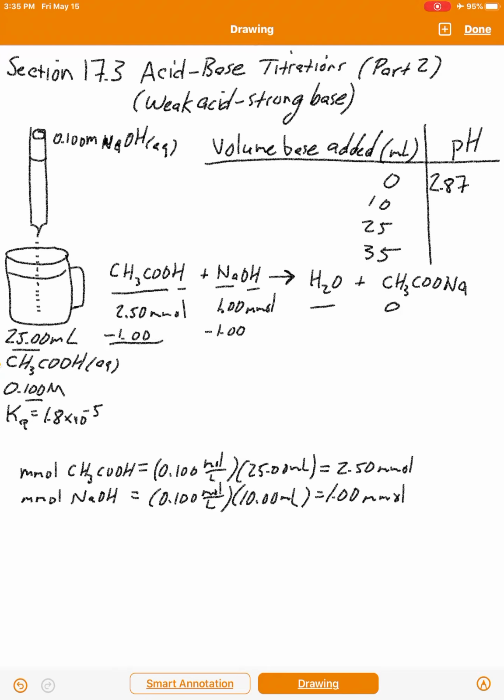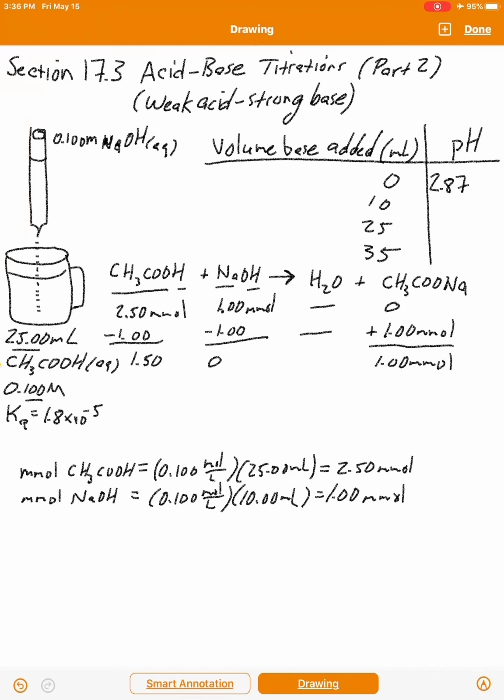So we subtract 1.00 from both of the reactants. And now I'm going to go ahead and gain 1 millimole of the product, not water, but the sodium acetate. And so at the end, after the reaction is done, we'll have a millimole.